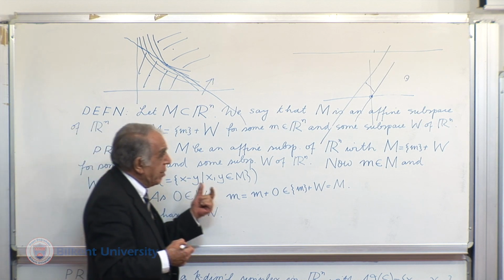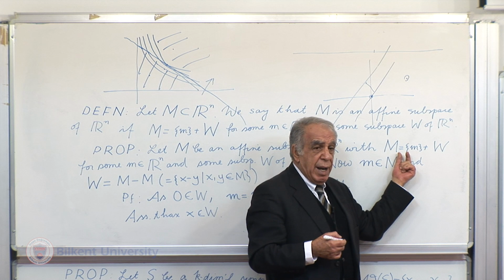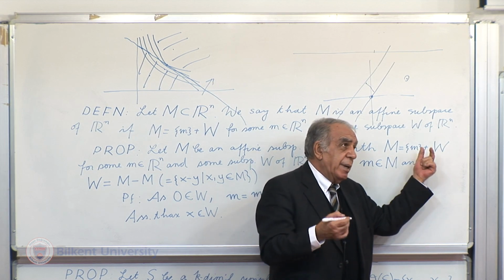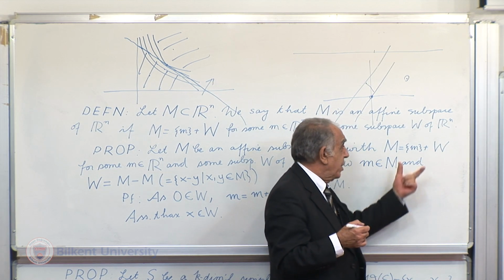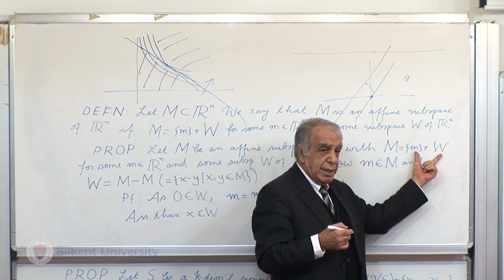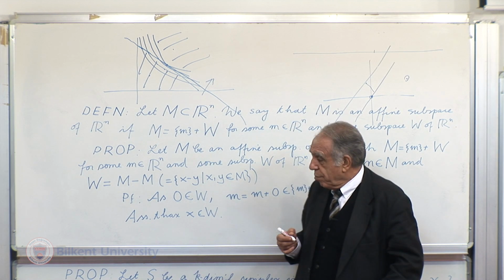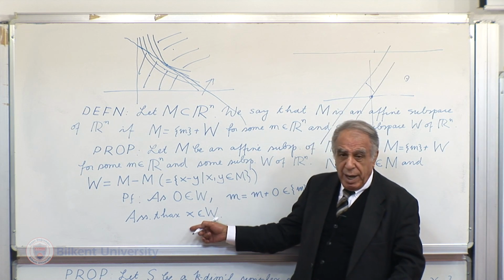But members in capital M will be of the form m plus something from here. What are natural candidates for two points in here, say w1 and w2, such that w1 minus w2 is equal to x?